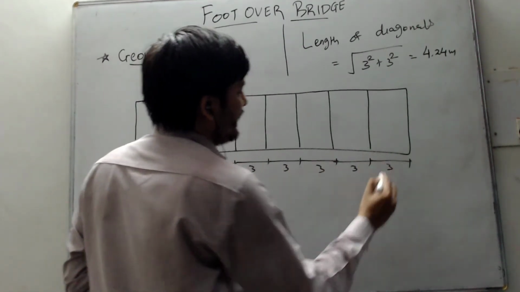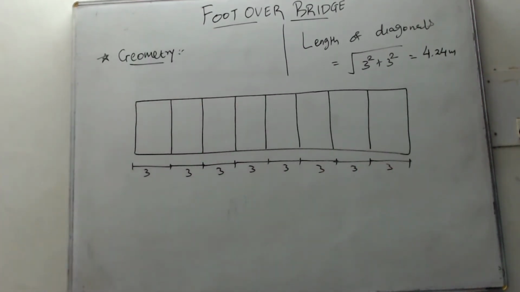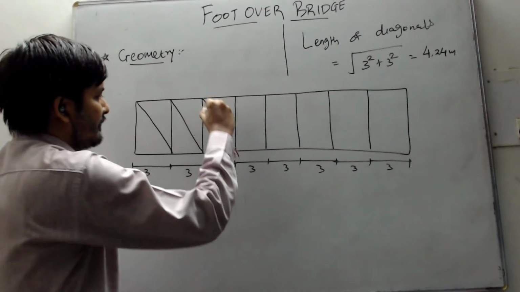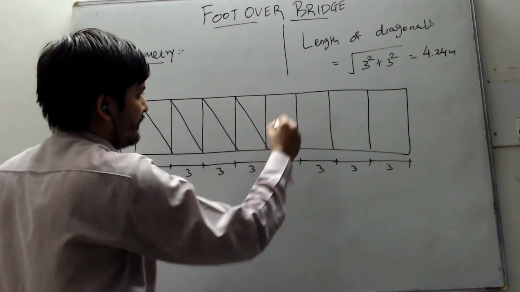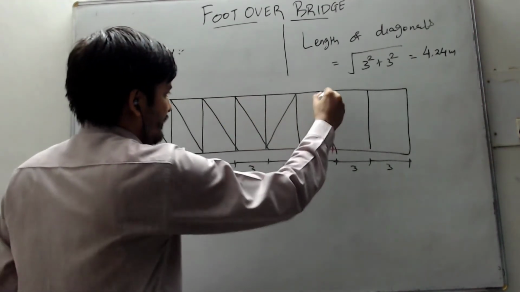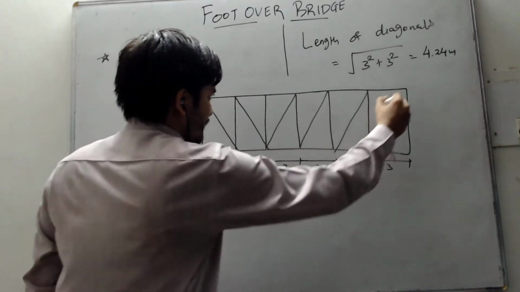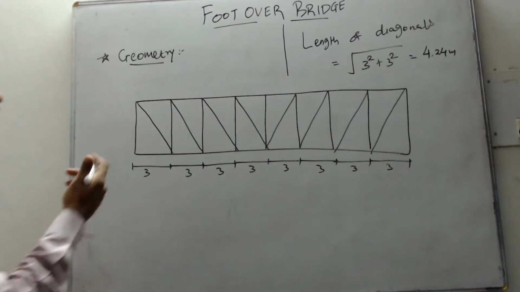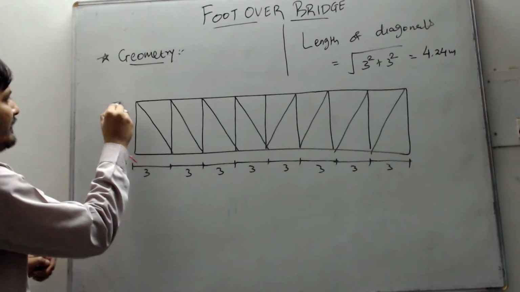And this is how your N-type lattice girder looks. The panel length is 3 meter. The height we have also calculated as 3 meter.